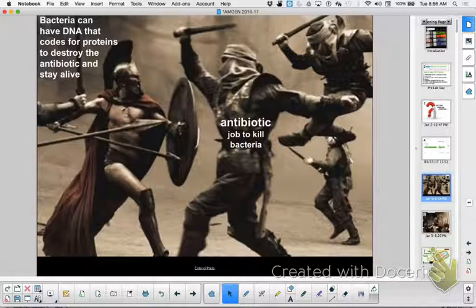It usually kills it in one of two ways. An antibiotic either prevents a cell from repairing its cell walls, or it doesn't allow it to make any more cell walls. Either you can't repair it or you can't make any more. And so losing that cell wall is what's going to cause the death of that bacteria.